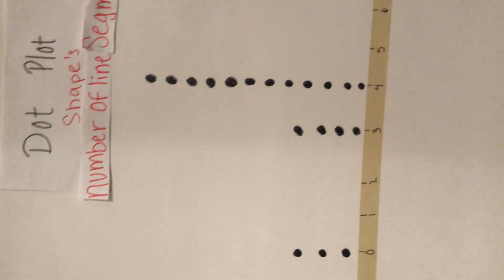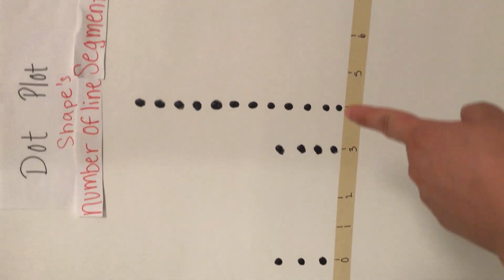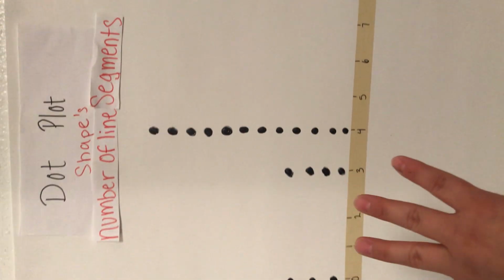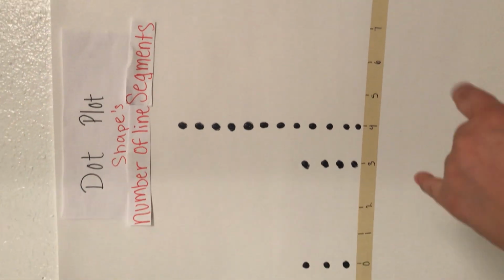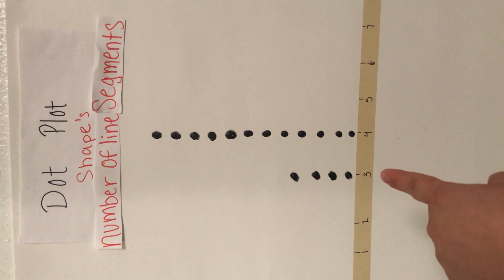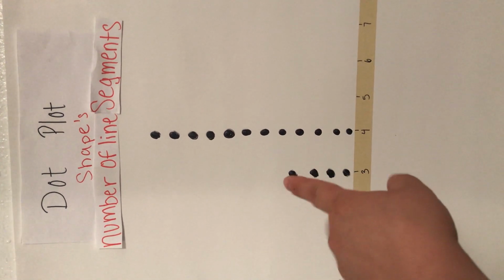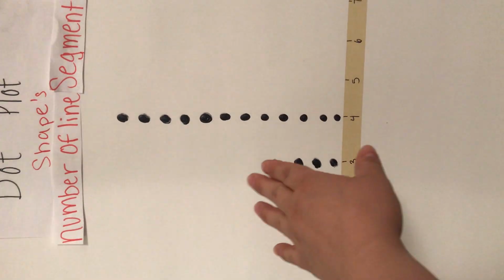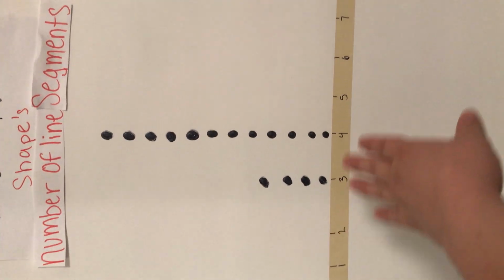And with a dot plot, you definitely want to have it continuous. So in this situation, I only had from no line segments to 8. And then I have 4 shapes with 3 different line segments. So this is the number of line segments.